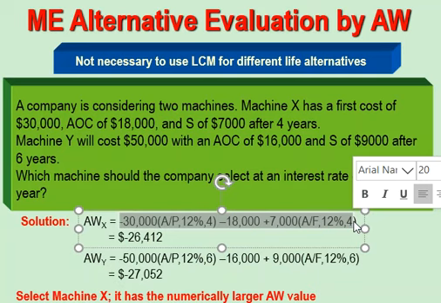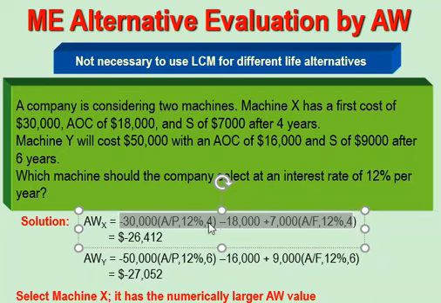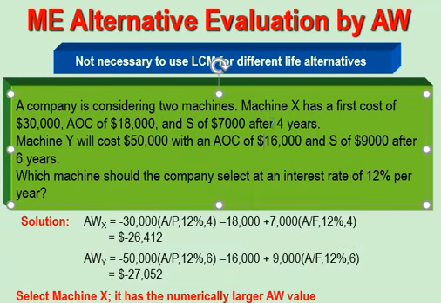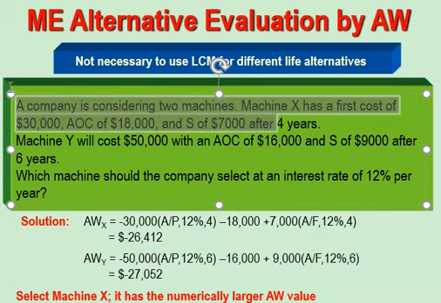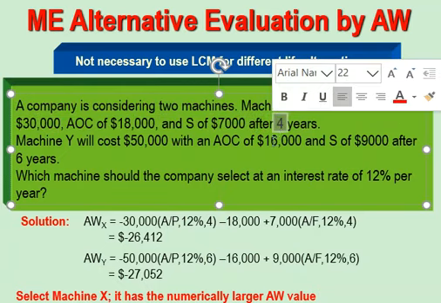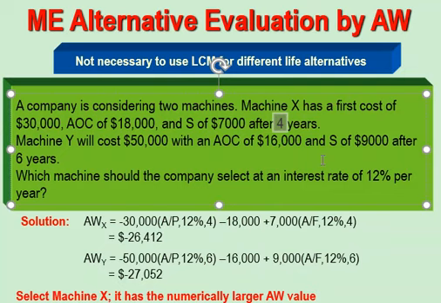So it is a life cycle of 4 years, but how much is it per year within the 4 years? The interval is 4 years, but I want it in the A domain, so I'm getting all my payments per year. The interval is 4 years, and this is what we call the life cycle.